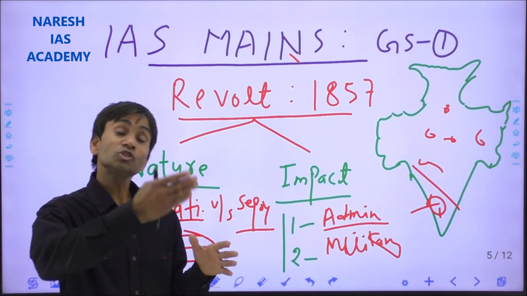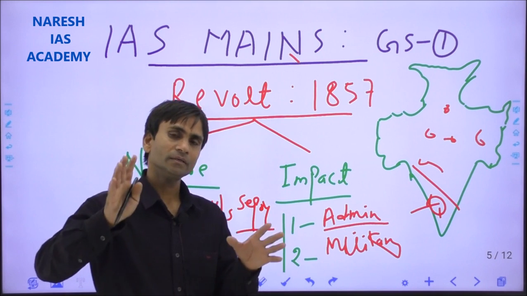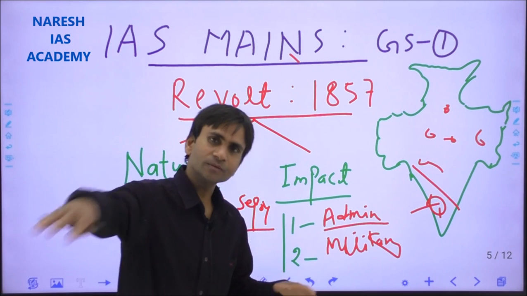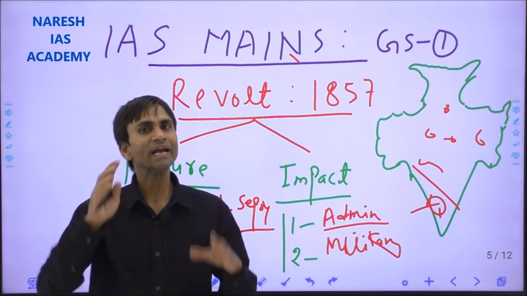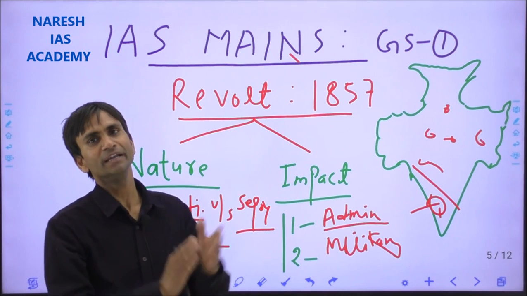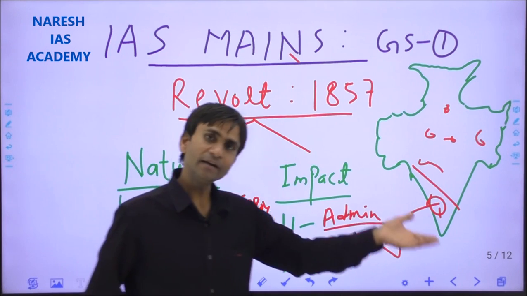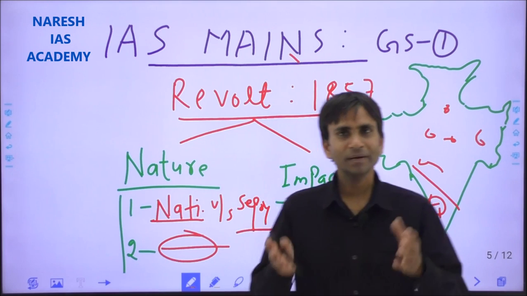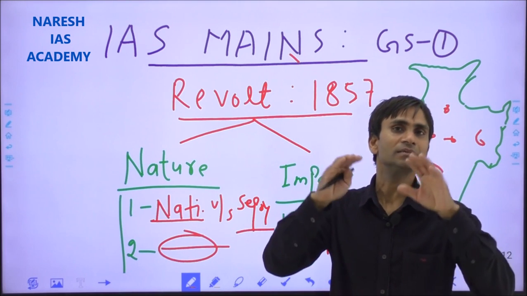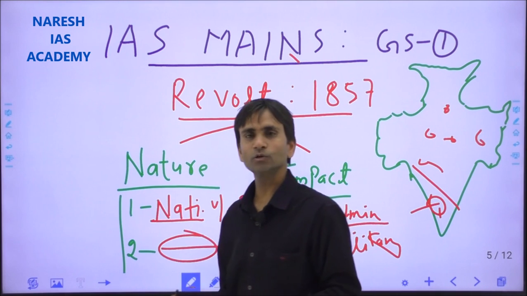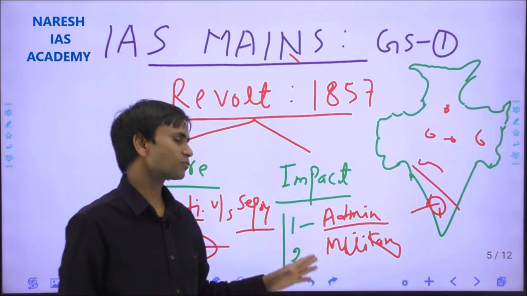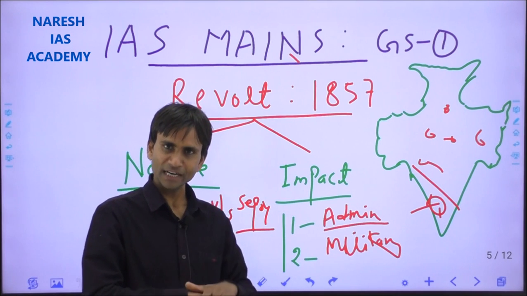But this was a hidden cause, an invisible hand through which the British Crown made a plan for the exploitation of Indians. On the other hand, it was presented before Indians as if we are giving them a modern scope or modernity. So we can say economic factors were the backbone of governance.